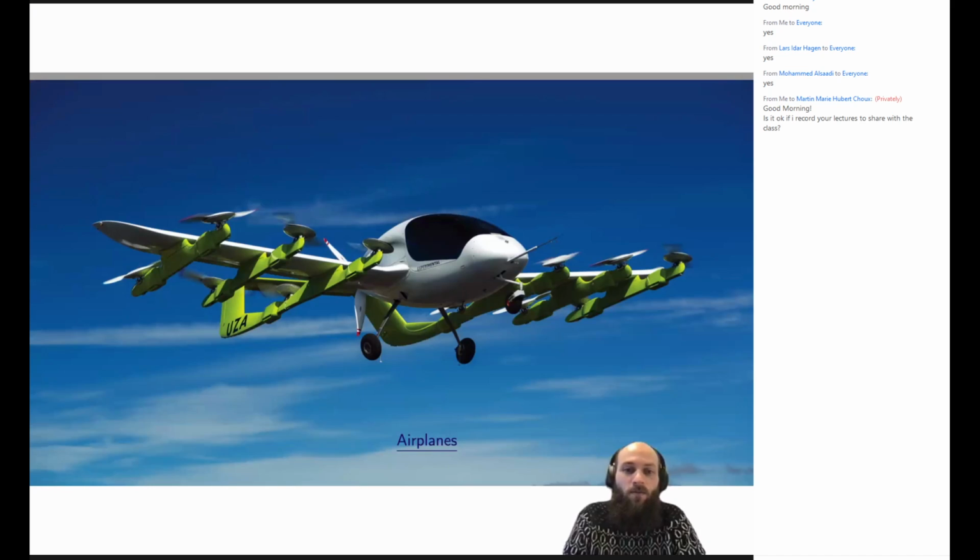And then soon will come also the electric airplanes. For example, Boeing is planning to have, by the end of the 20s, a hybrid electric airplane, but also fully electric shortly after, I guess.